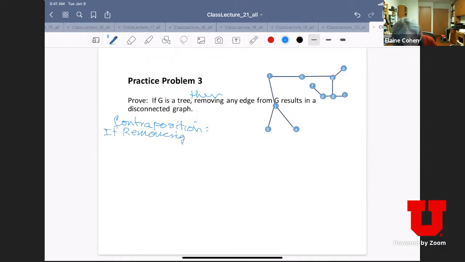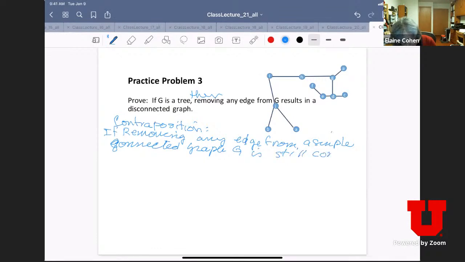If removing any edge from a simple connected graph G is still connected, then G is not a tree.